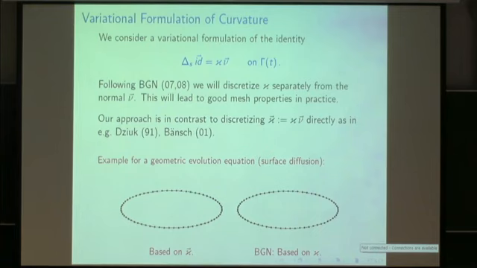So I just highlight this for a simple geometric evolution equation. This is surface diffusion. It doesn't really matter if you don't know much about that. It's basically a gradient flow that minimizes surface area while maintaining the enclosed volume. So anything spherical like here will go to a sphere, and here I show an approximation based on the curvature vector.